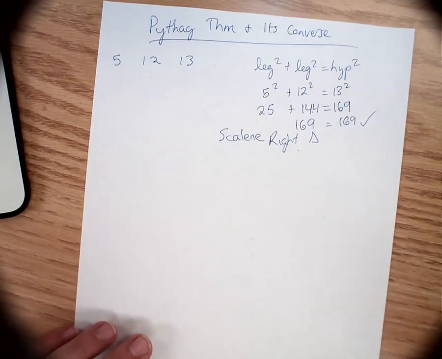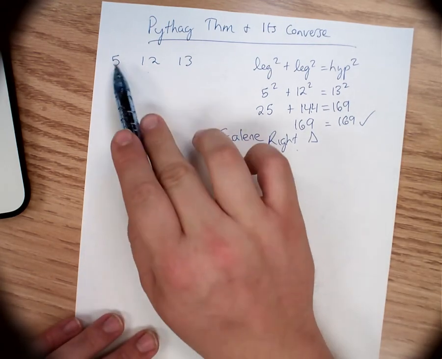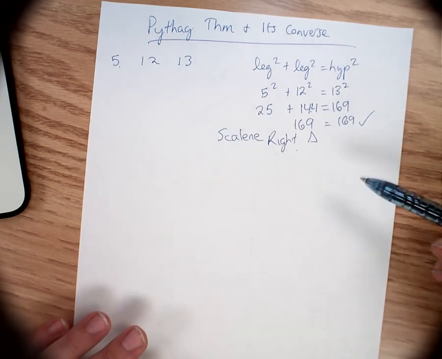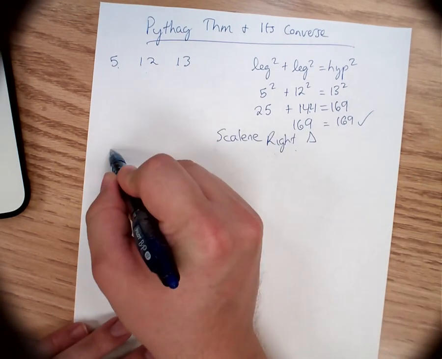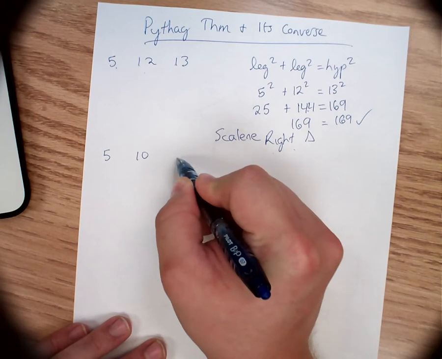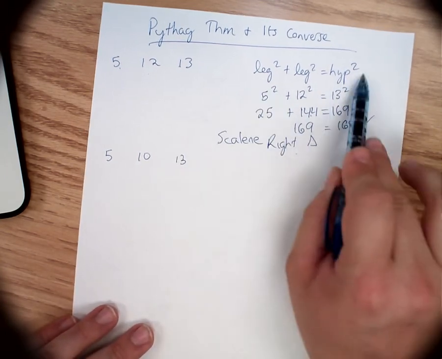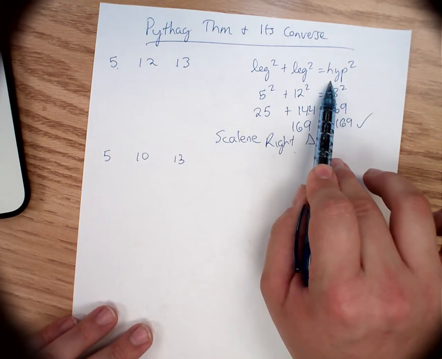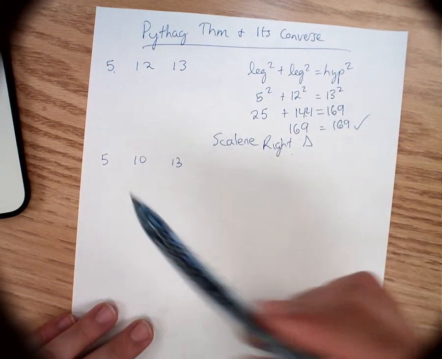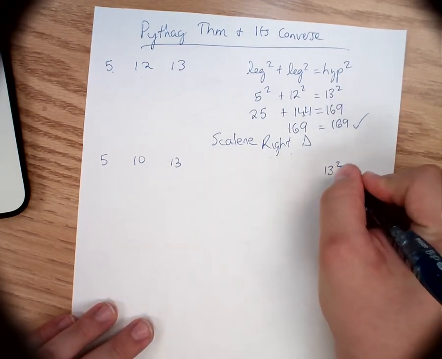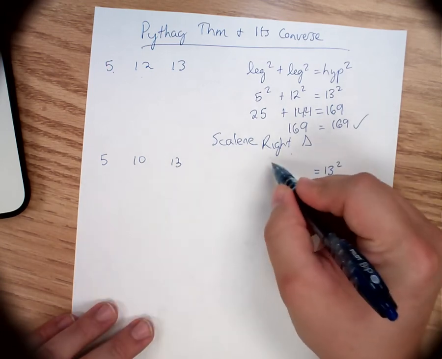All right, let's do another one, and let's base it off of 5, 12, 13. So instead, I'm going to do 5, 10, 13. Once again, if I'm using the Pythagorean theorem, I have to think to myself, well, 13 would go in the hypotenuse spot, and those would be my legs.